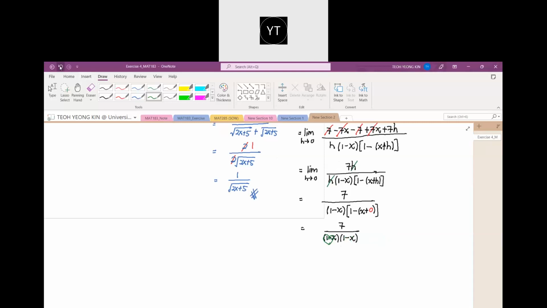So for this one, we should have 7, sorry. We have 7 over 1 minus x squared. So this is the answer for question number 2.